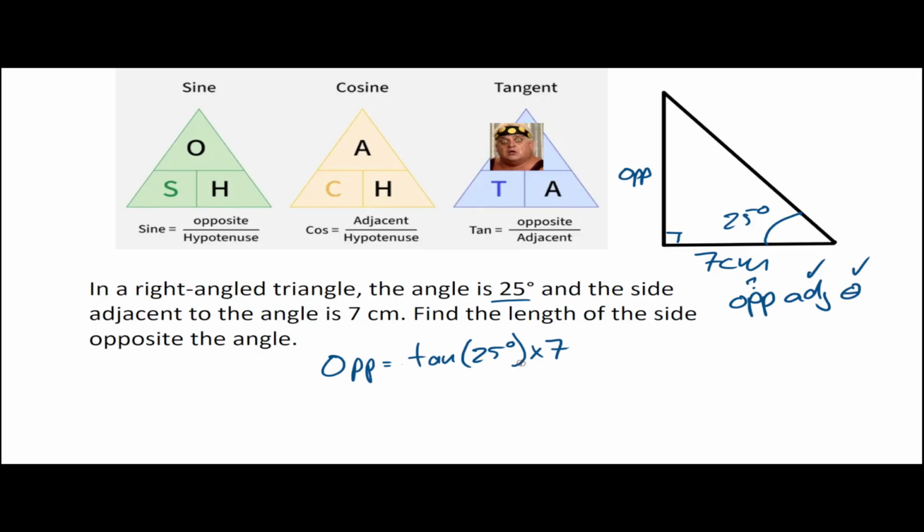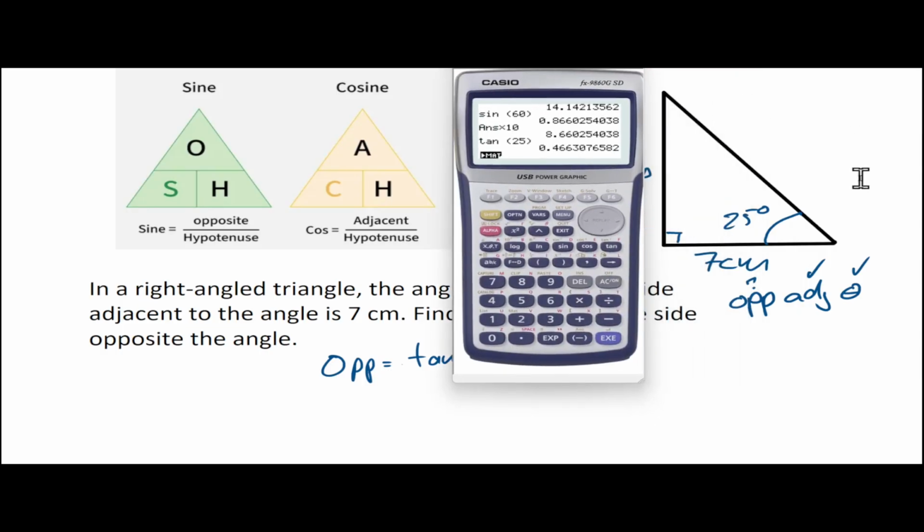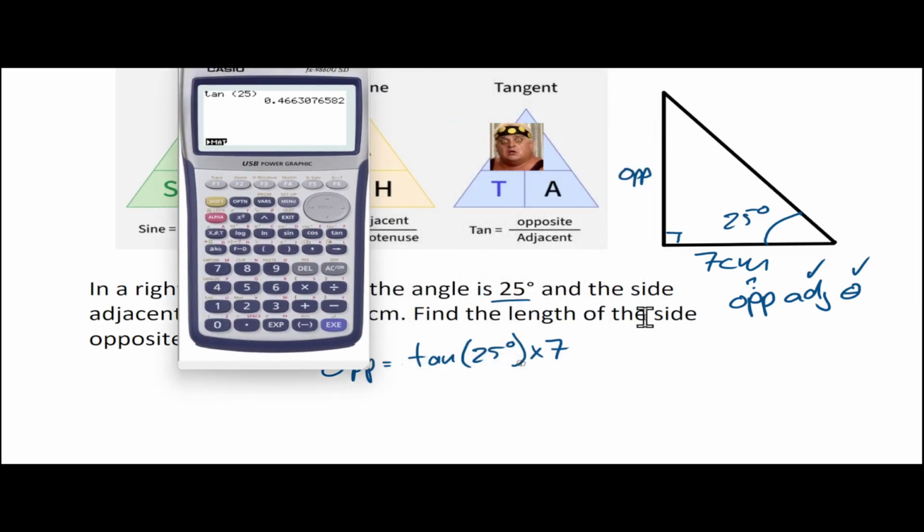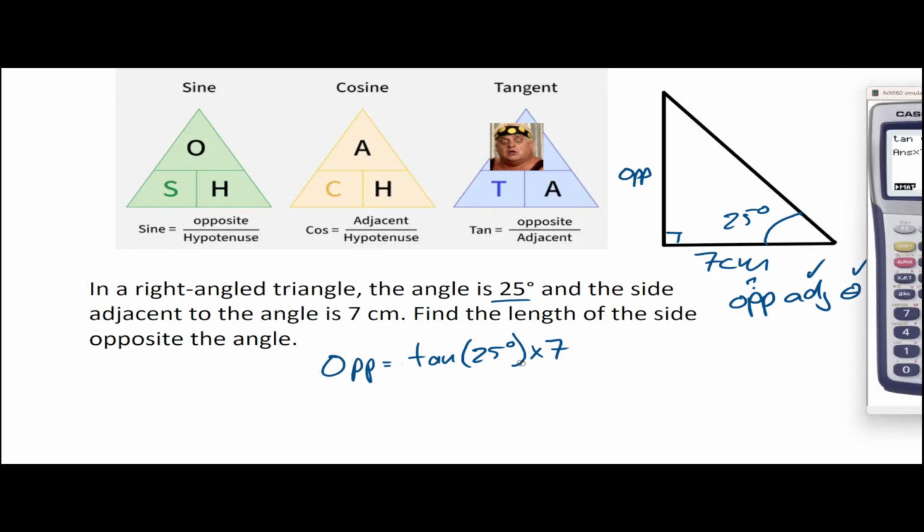So tan of 25 degrees is 0.466 and change, times that by 7, 3.26.